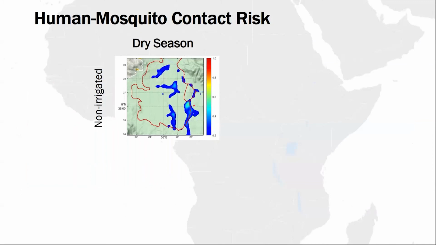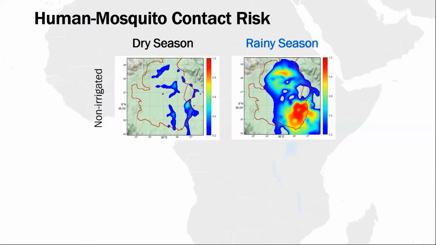Importantly, irrigation modifies human-mosquito contact risk. In this simulation, we consider human distribution, human movement, and mosquito dispersal in the study area. Without irrigation, high-risk areas for human-mosquito contact during the dry season were concentrated in several small areas where there were some permeable sites. During the rainy season, the high-risk area expanded as larval habitats became widespread.